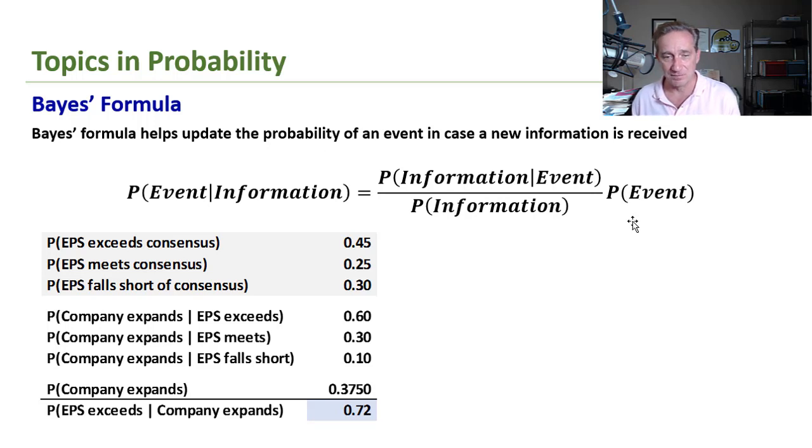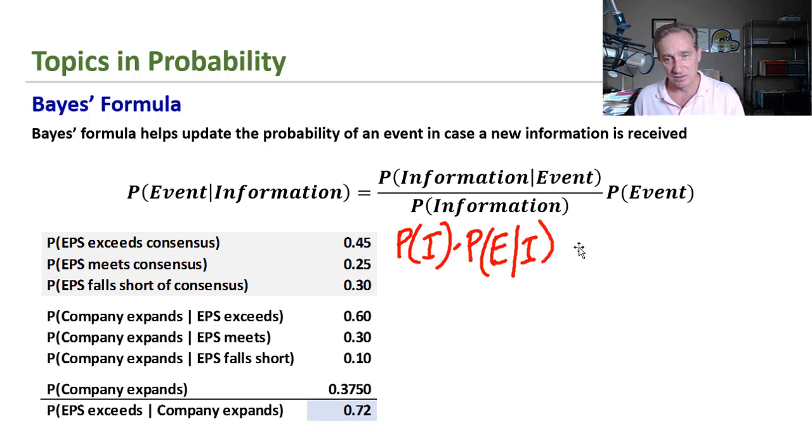So how might we get there? Well, the way that I think about that is if we took the unconditional probability of information and multiplied by the conditional probability of the event given the information, that is itself the joint probability of information and event.